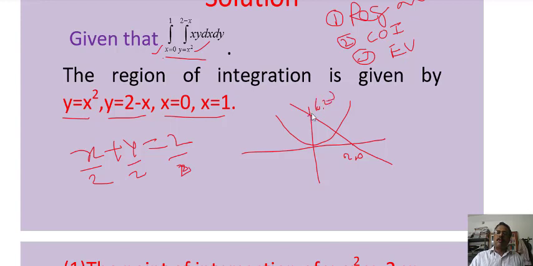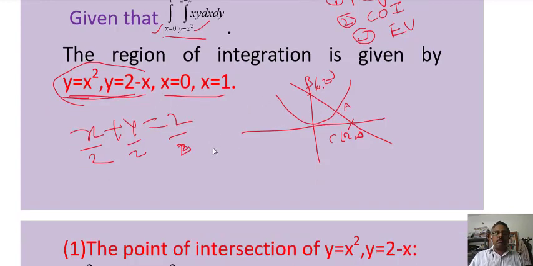Now this is another point of intersection. What is the point of intersection of the straight line and the parabola? We will find the point of intersection of these two. Very simple method: y equals x square, y equals 2 minus x.